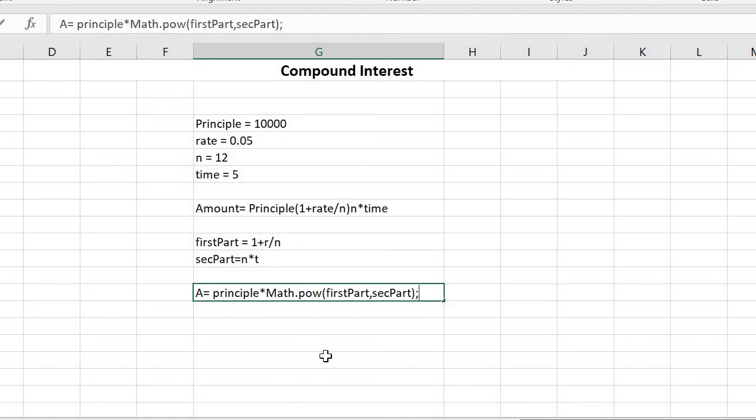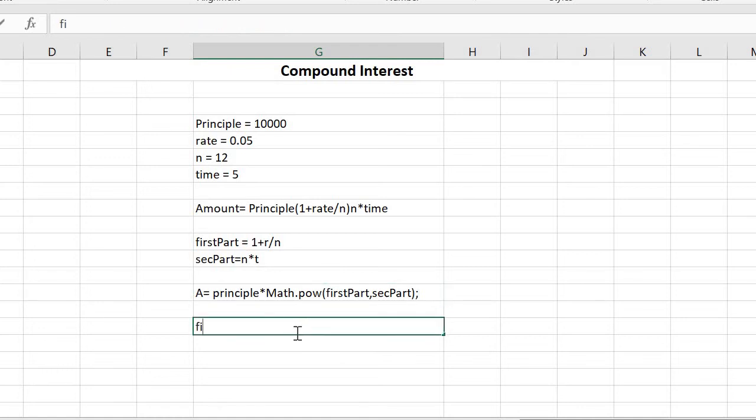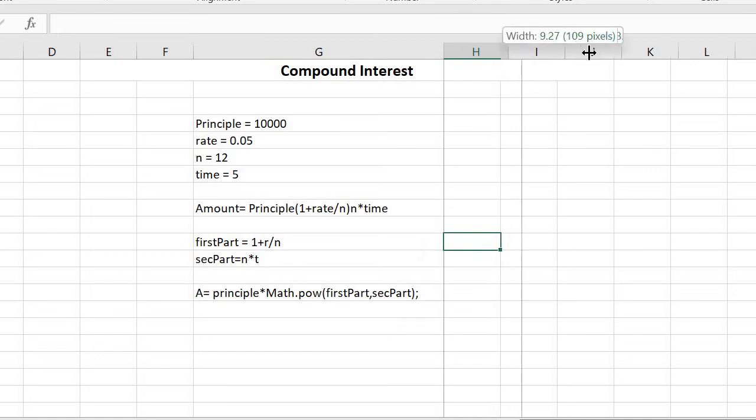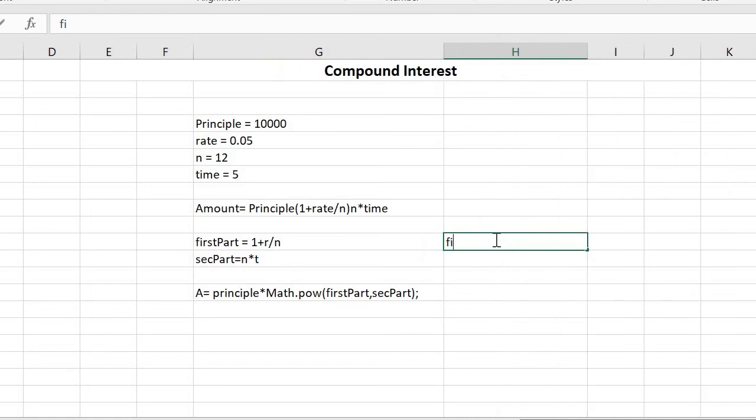And finally, for the formula which I have written over here, let us put in the values. The first part will be equal to 1 plus rate, 0.05, divided by 12. Similarly, the second part is equal to n into t, that is 12 into 5.